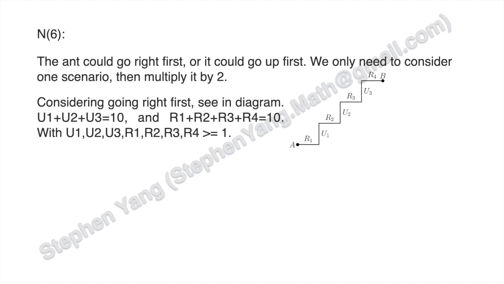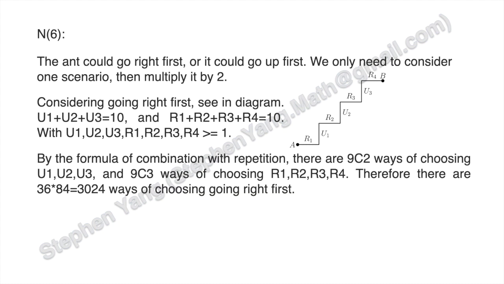Then, by the formula of combination with repetition, there are 9 choose 2 ways of choosing U1, U2, and U3, and 9 choose 3 ways of choosing R1, R2, R3, and R4. So there are 36 times 84, which equals 3,024 ways of going right first.